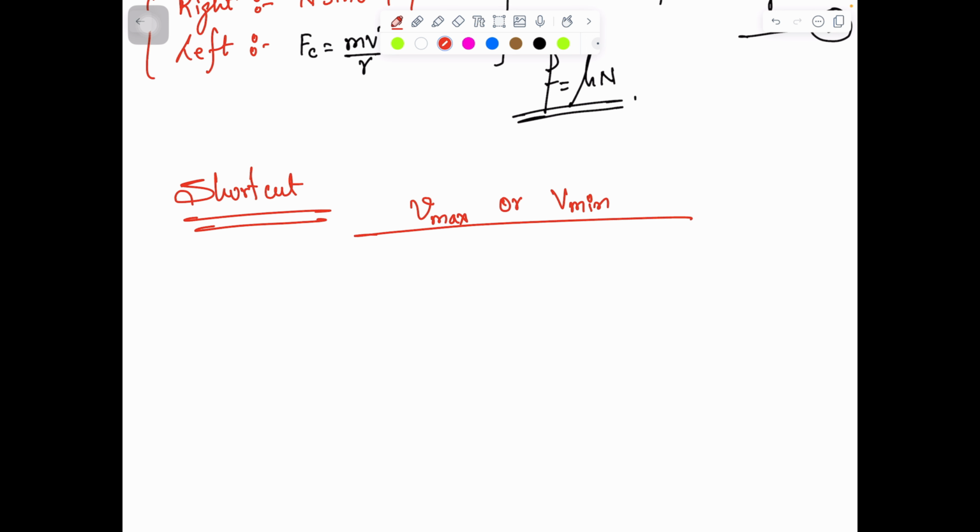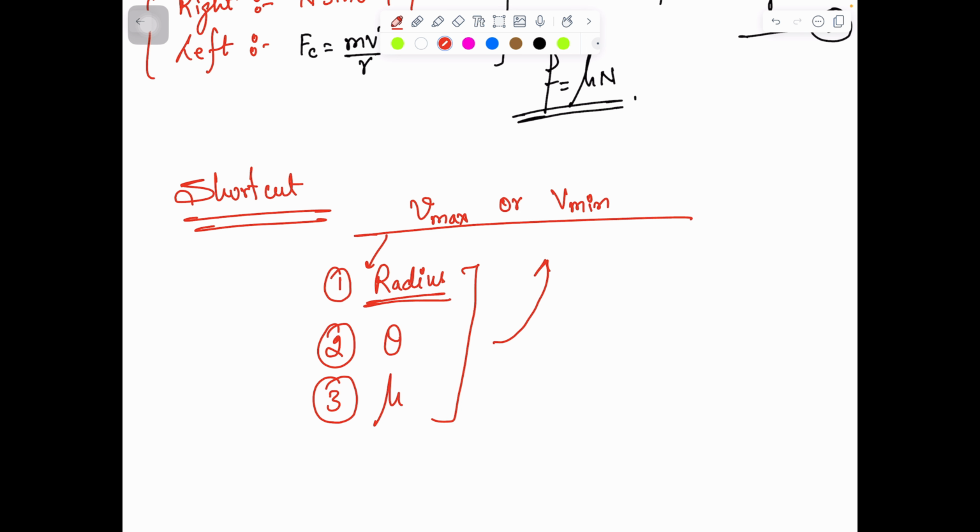Whenever the question comes, just check three things. First, radius. Second, angle. Third, mu. If you have these three things, you can find it easily.